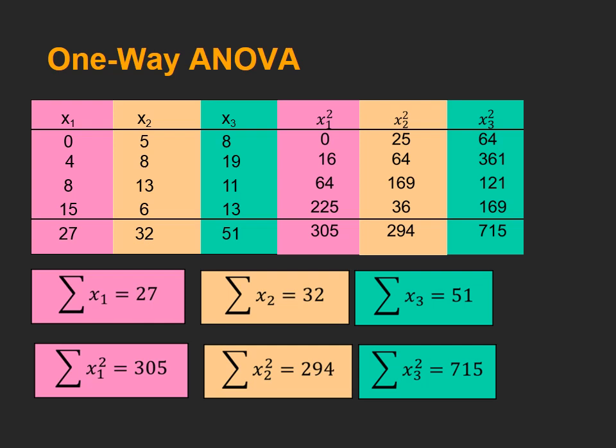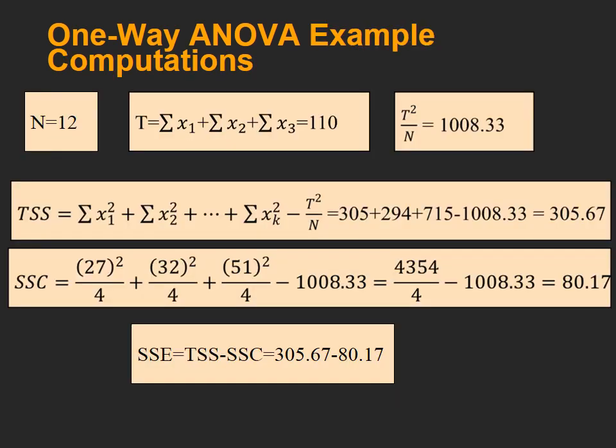Similarly, the squared values are summed and they are 305, 294 and 715. After that, we calculate the total sum of squares and the sum of the squares of a column. So these are the values.